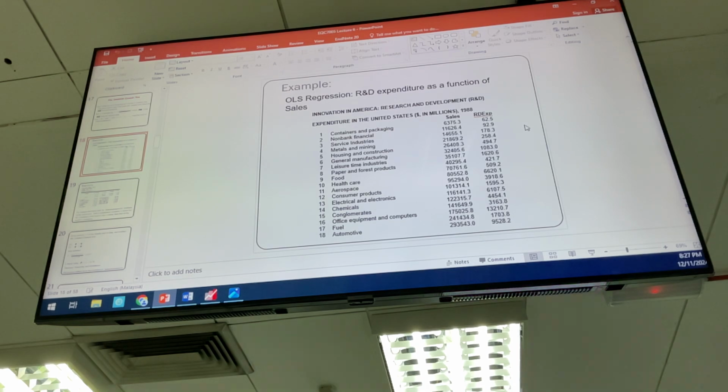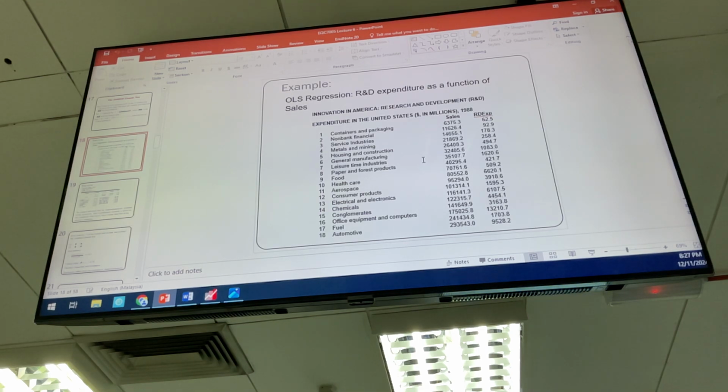Yeah. If you are able to do so, you can consider doing it. Use the per capita or the average one instead of the total amount, because different sizes of companies have different values of sales.